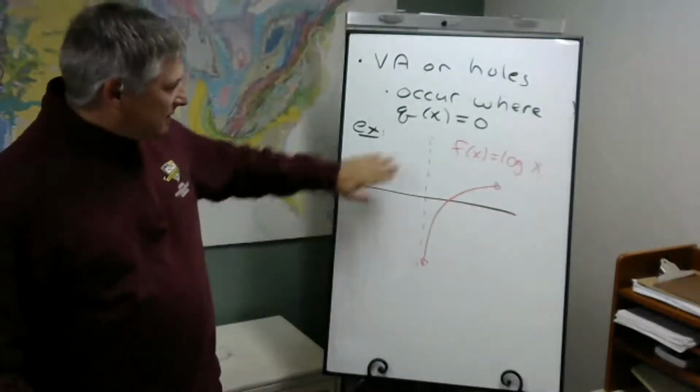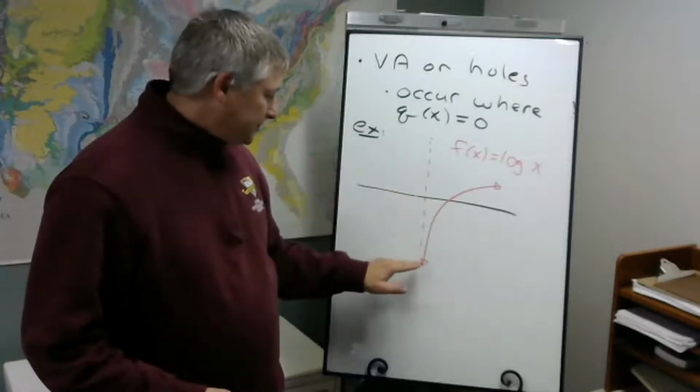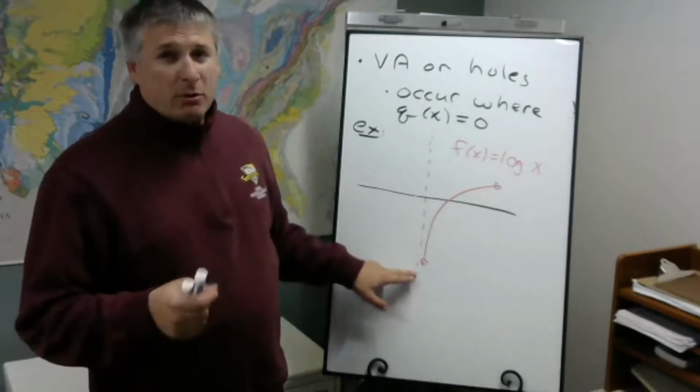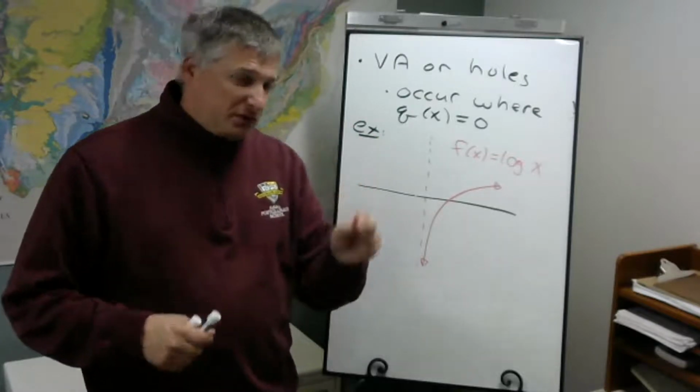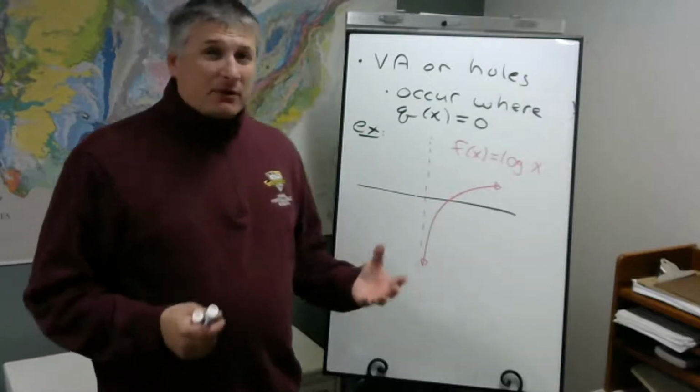And once again, this function, as it drops down, will get closer and closer to this vertical line, this dashed line, but it never quite gets there. It's always just a little bit away from it. So that's the idea of vertical asymptotes.